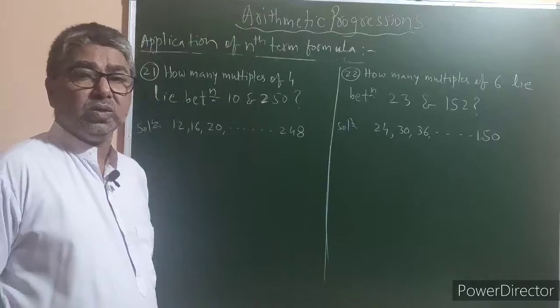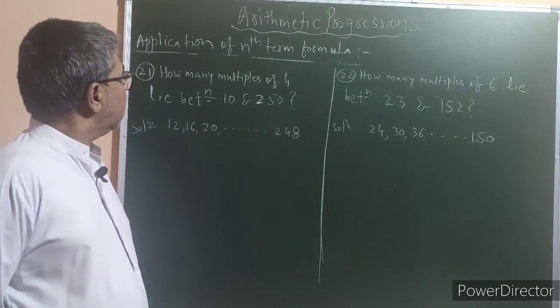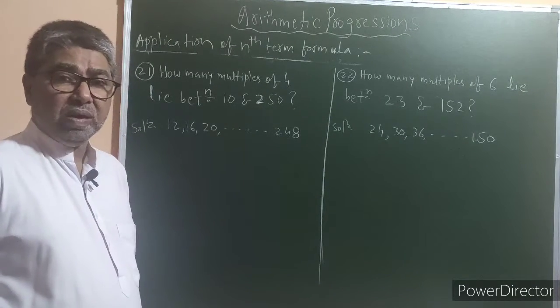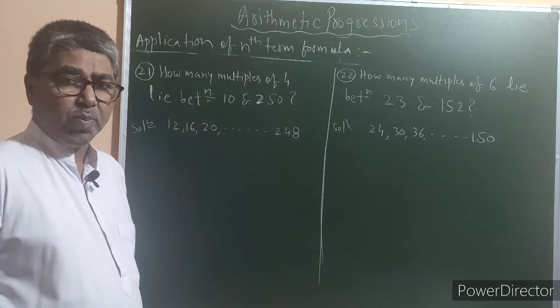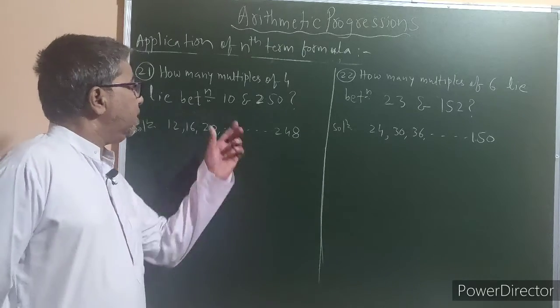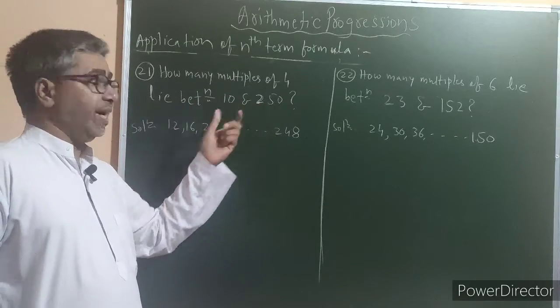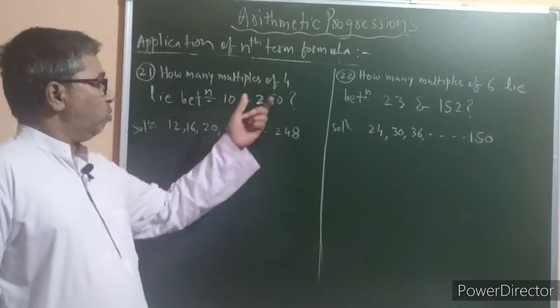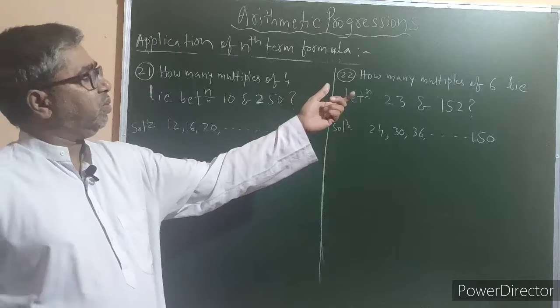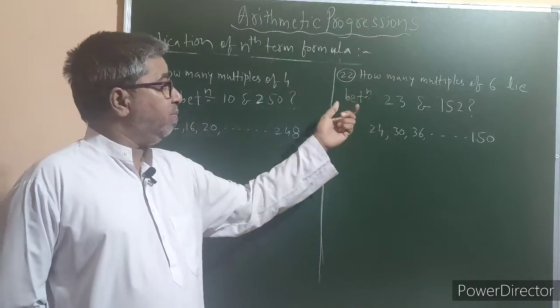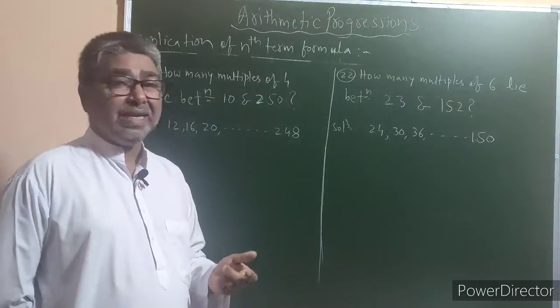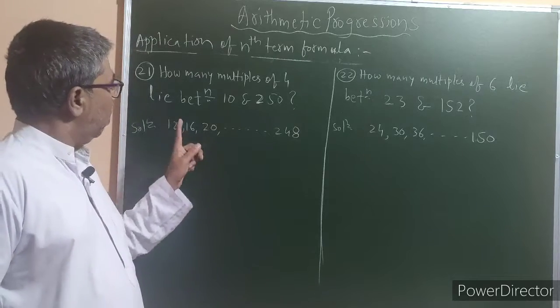So dear students, coming to another type of examples: how many multiples of 4 lie between 10 and 250? One more example: how many multiples of 6 lie between 23 and 152?